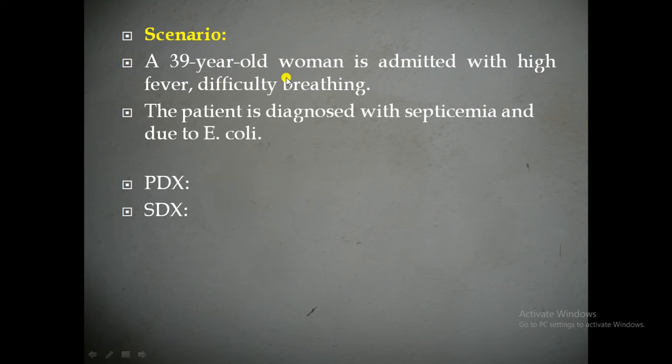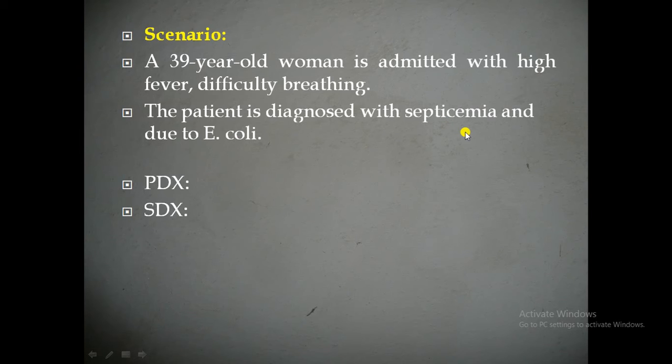A 39-year-old woman is admitted with high fever and difficulty breathing. The physician examined her, and finally the patient has the diagnosis of septicemia due to E. coli. Here the patient has septicemia, and that is because of E. coli.